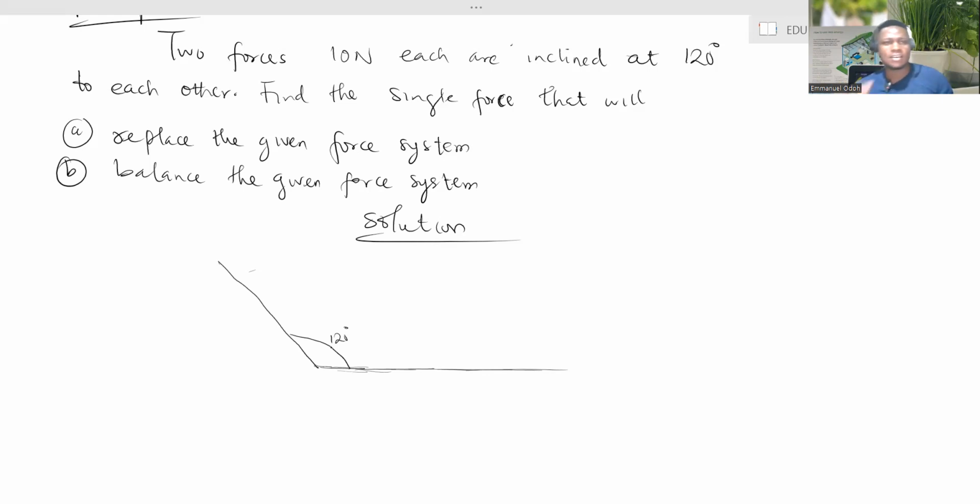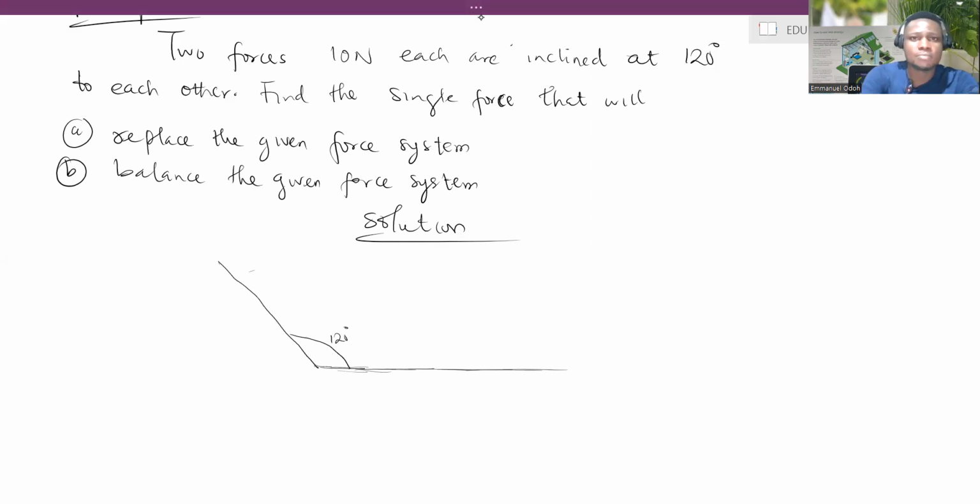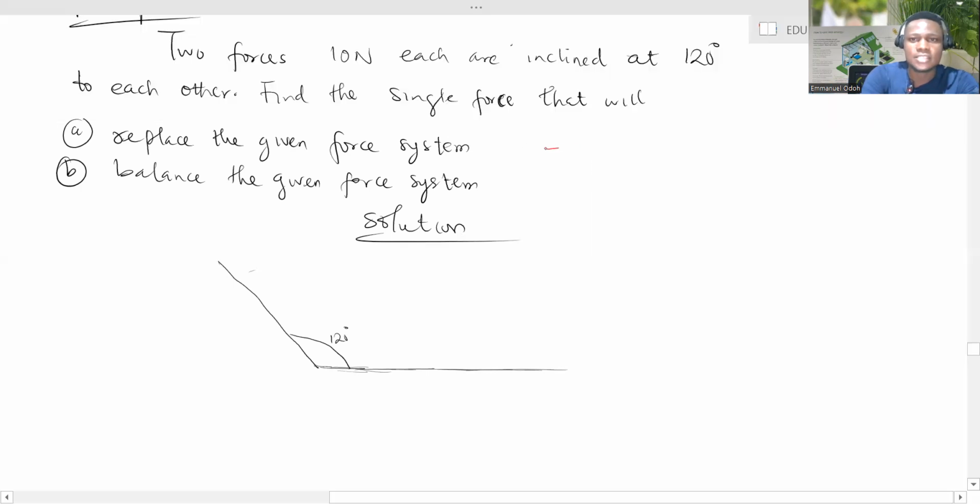It means A is telling us to get the resultant force, because that is the force that will replace the given force system. It is a single force that will produce the same effect, that means a replacement that will produce the same effect as the other forces acting together. So in other words, the first part of our problem is to get the resultant force.